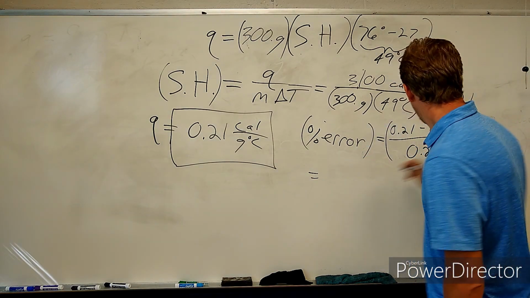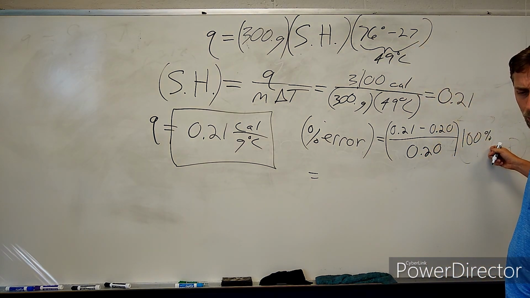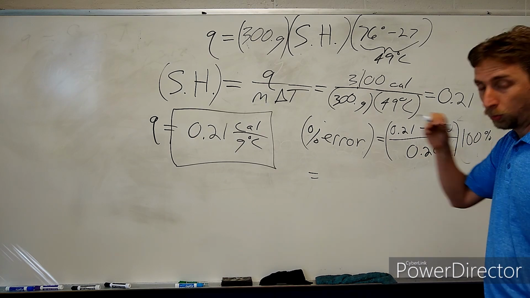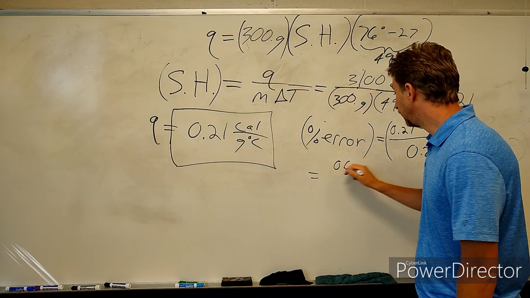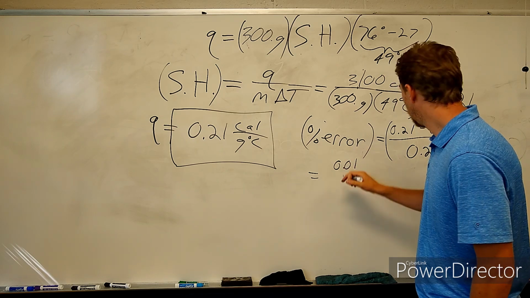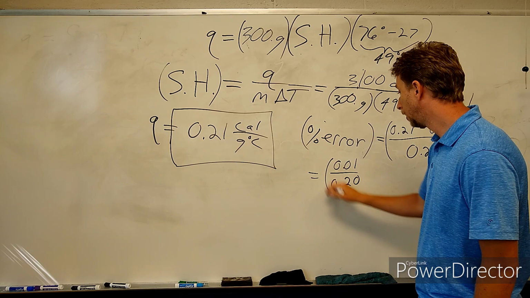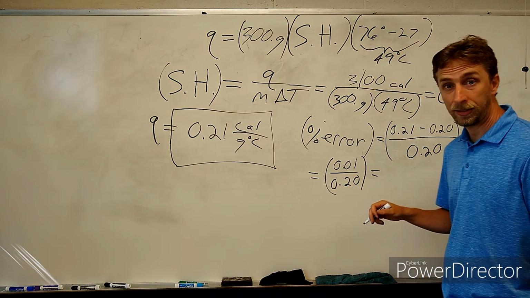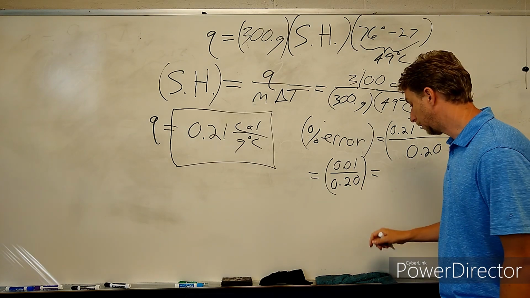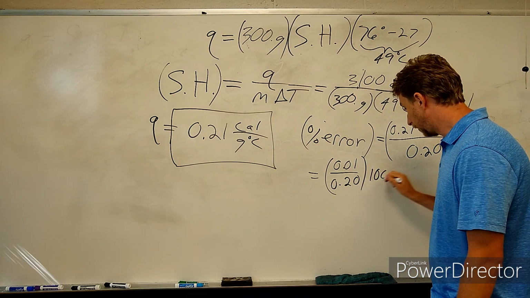You don't hit the percent button on your calculator when you do this. You just hit times 100. So this comes out to be 0.01 divided by 0.20, times 100.